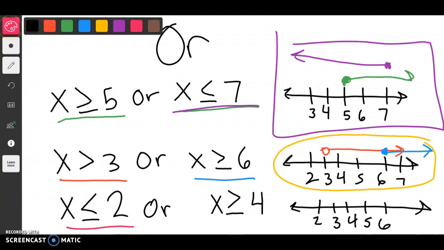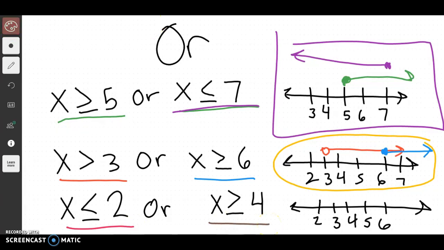Let's take that one there. And then we'll take this one here. So when you graph 2, you'd get a solid dot at 2, and this one going this way. 4, and this one going this way.